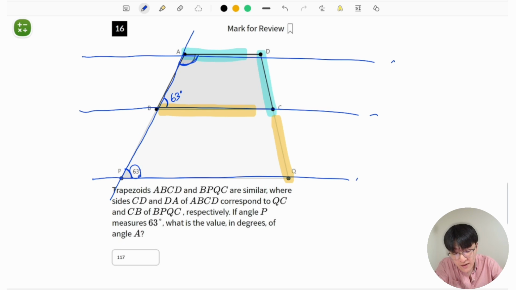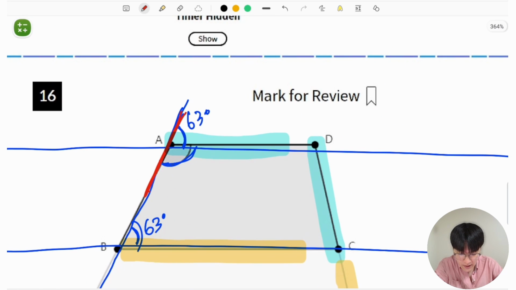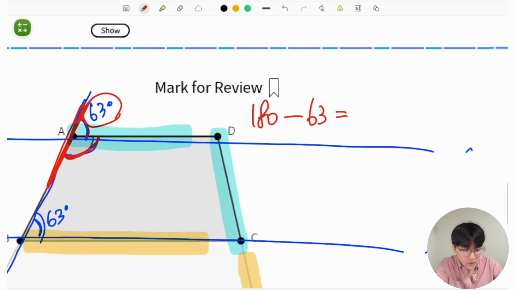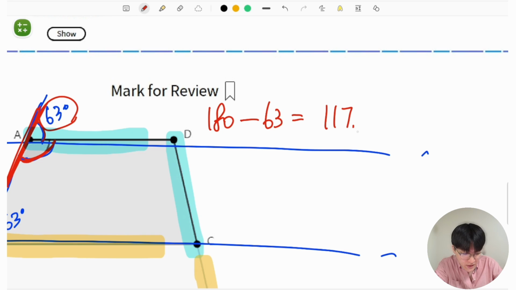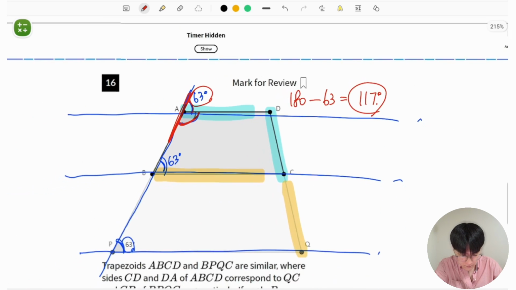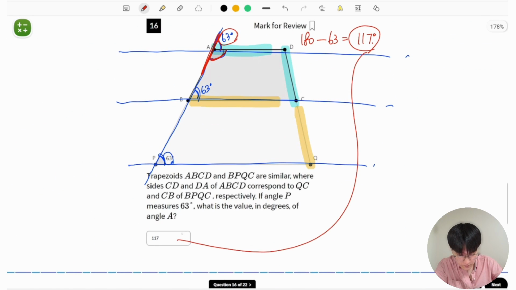What does that mean about this angle? 63, 63, 63 degrees. Does that make sense? Meaning for this line, for the sake of visibility, if we want to find the angle of this, it is just 180 minus this value, which is 63, and therefore that is 117 degrees. That's our answer.